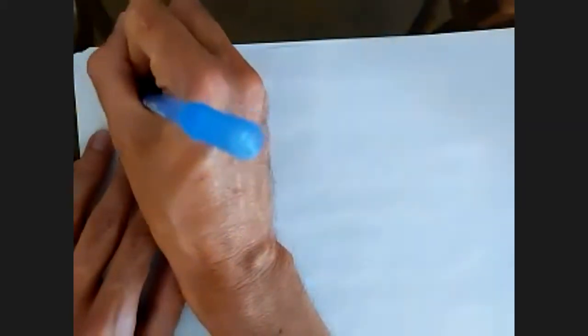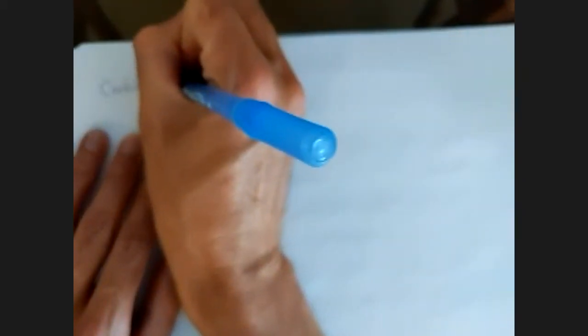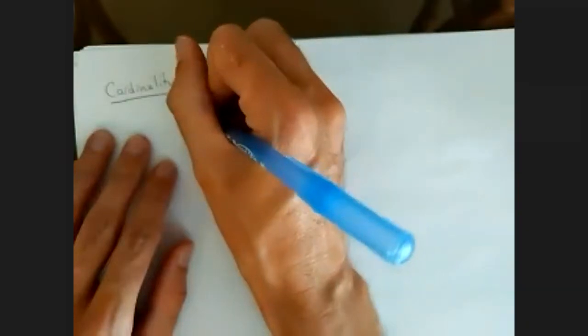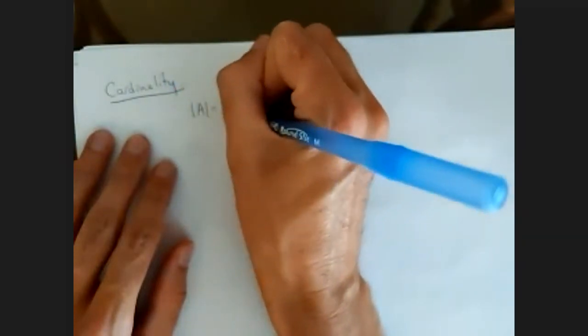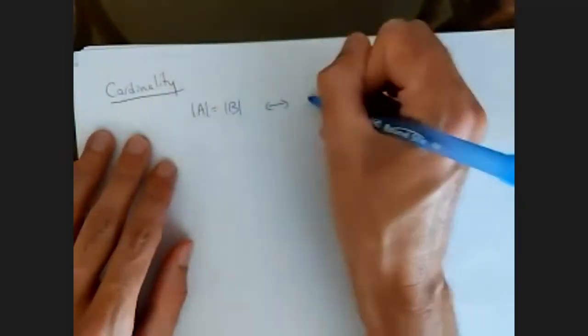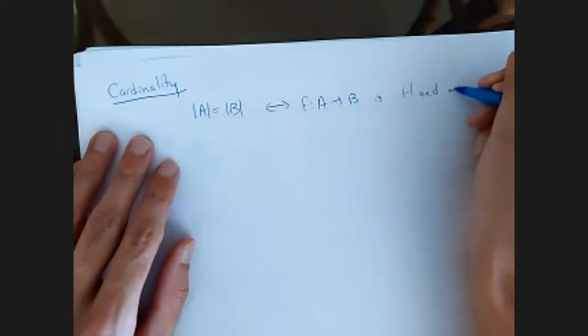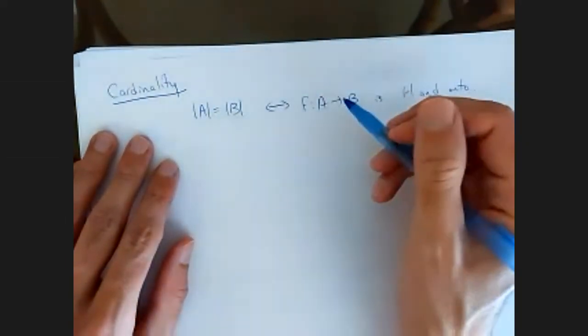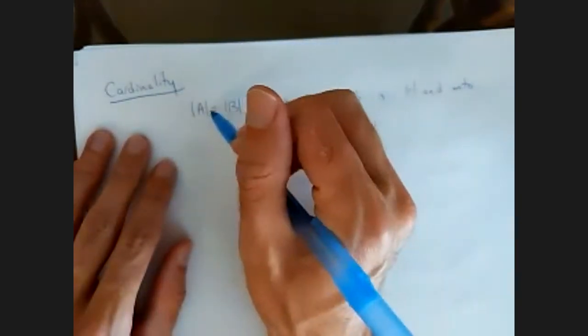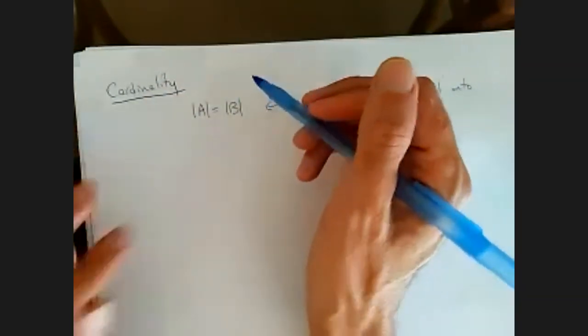So that is what we have as this notion of cardinality. If you can find a one-to-one and onto function from A to B, you use the symbol cardinality of A equals cardinality of B.